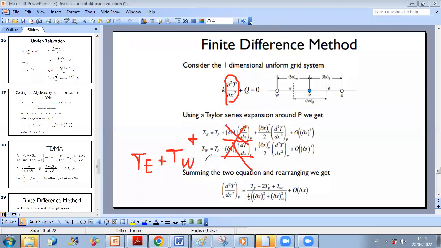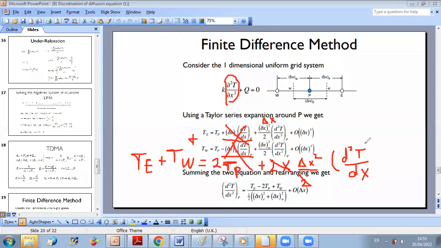equals 2Tp plus, as we said together, you can directly put instead of delta x east square, or instead of delta x west square over 2, delta x square over 2, meaning you have plus 2 times delta x square over 2. 2 and 2 will cancel out, okay, times second derivative of T with respect to x.